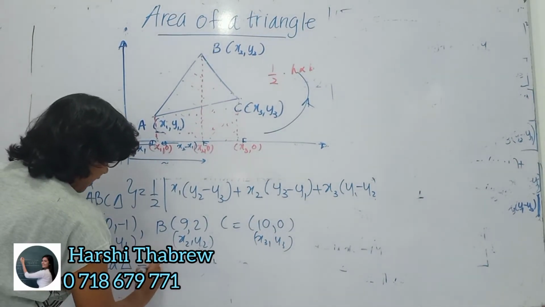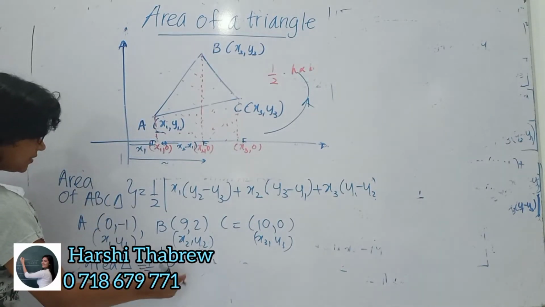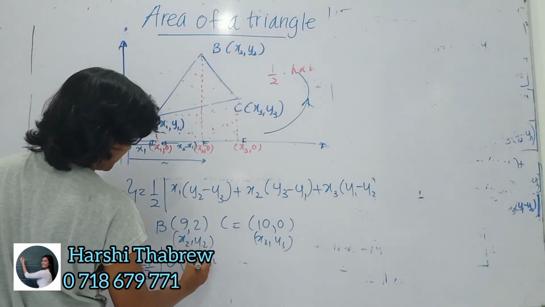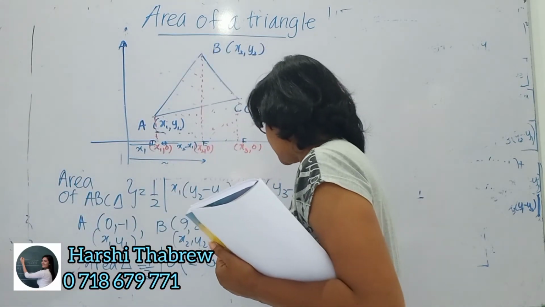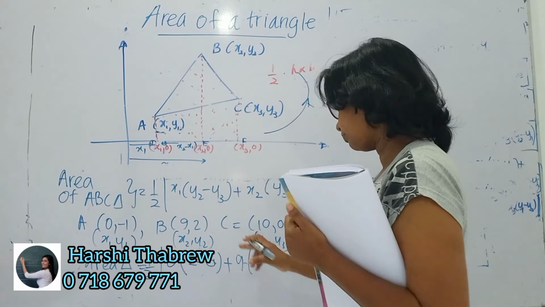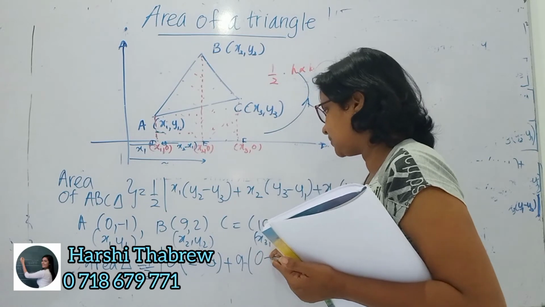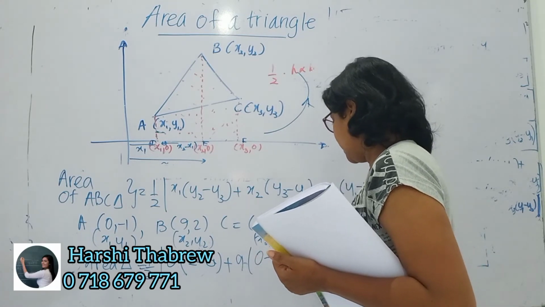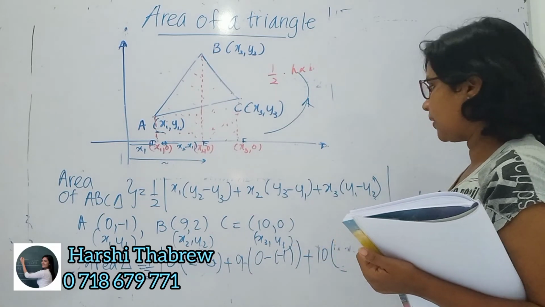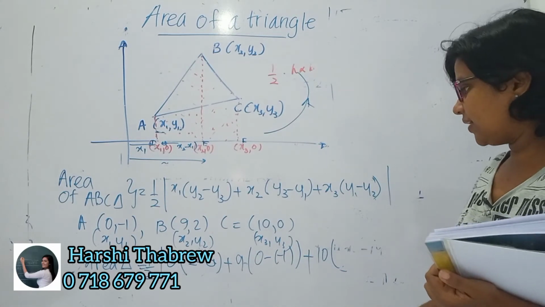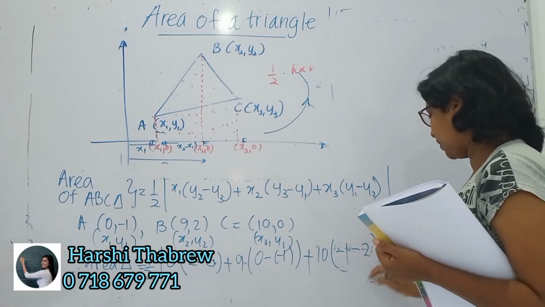Right, half times modulus of 0, x1 times y2 minus y3, 2 minus 0, plus x2 times 9 times y3 minus y1, 0 minus -1, plus x3 times 10 times y1 minus y2, y1 is -1, y2 is 2, then minus 3.